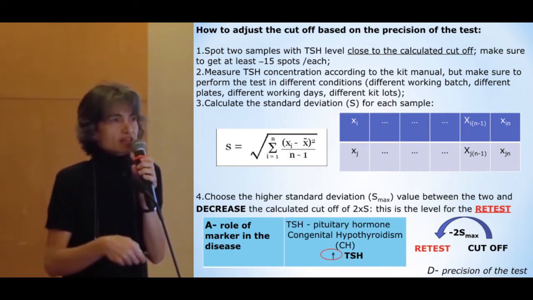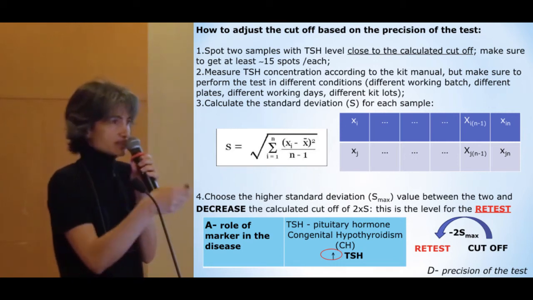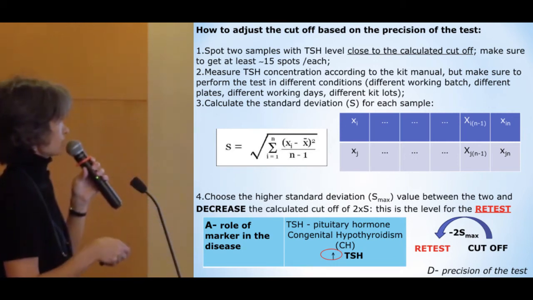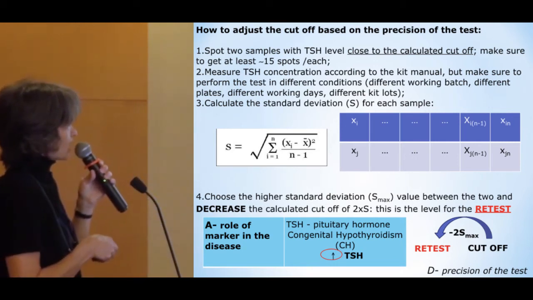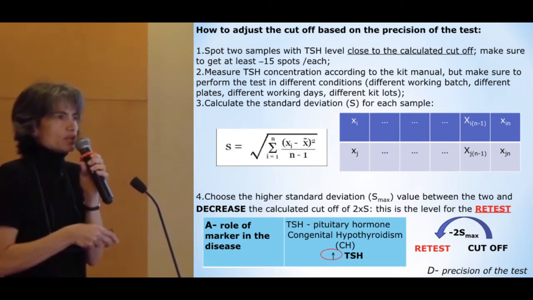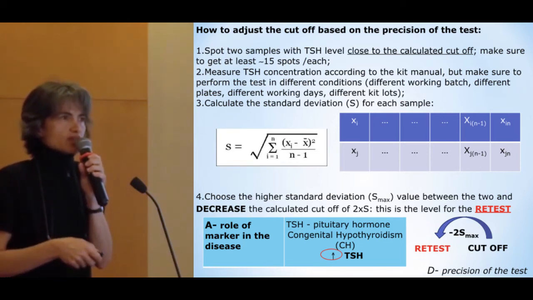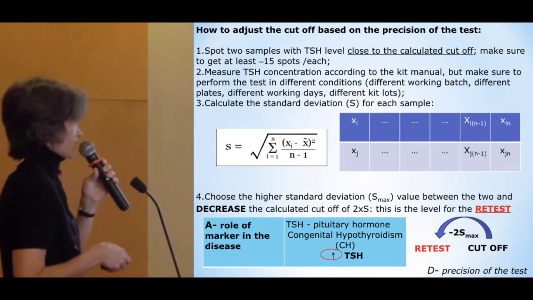But any application that you use will tell you the standard deviation for your sample. And then you choose the highest standard deviation between the two, in order to make sure to take into account the maximum variation that you're dealing with, okay?